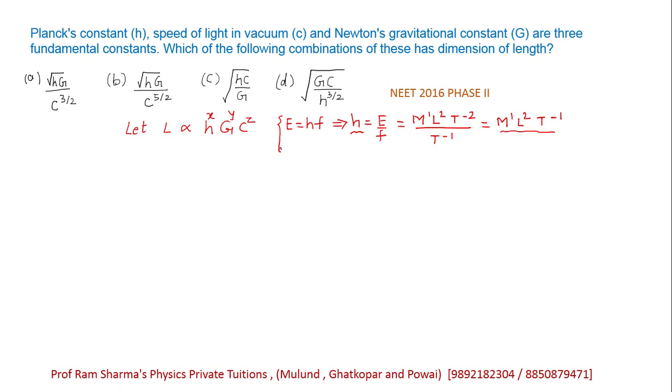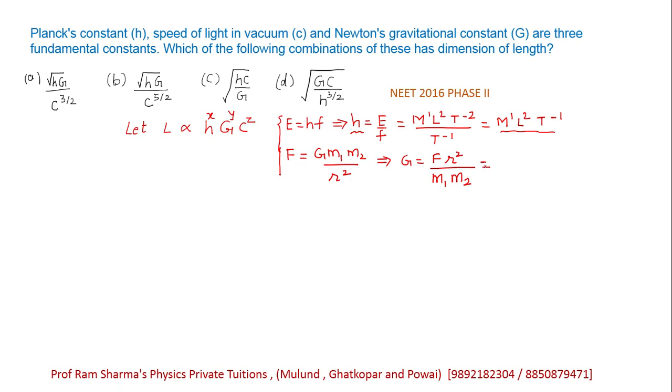Similarly, we should know the dimension of G, which can be obtained by Newton's law of gravitation. F is equal to G m1 m2 by r square, and from this G will be equal to F r square upon m1 m2.